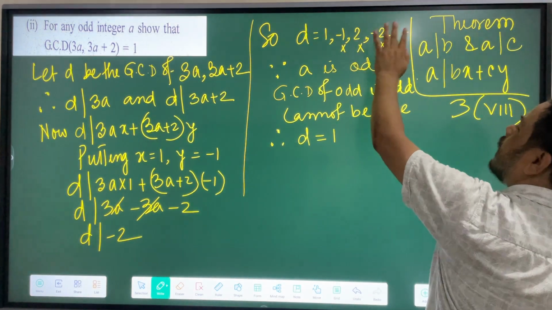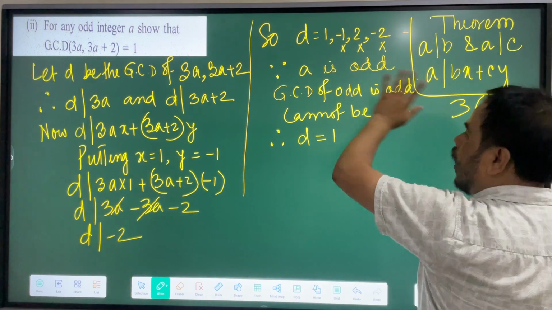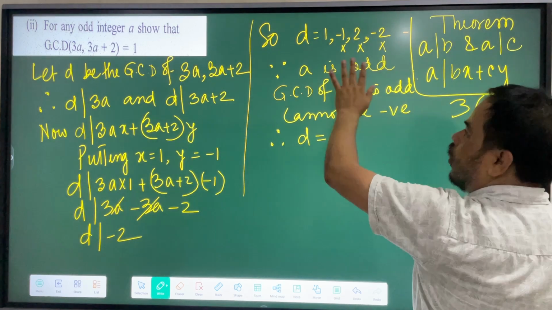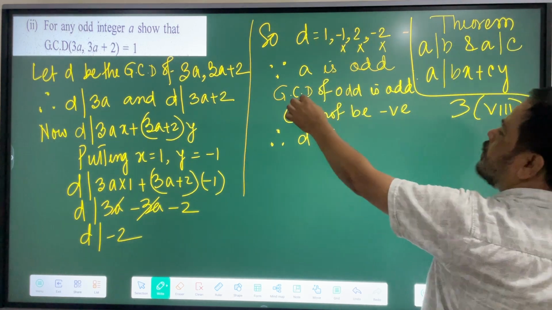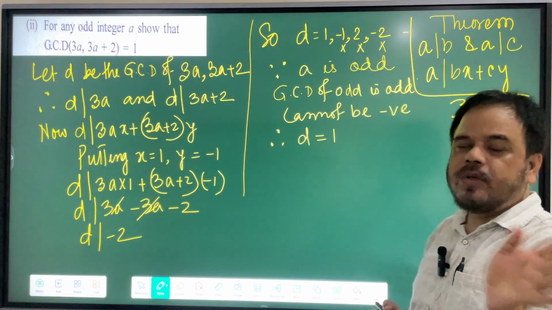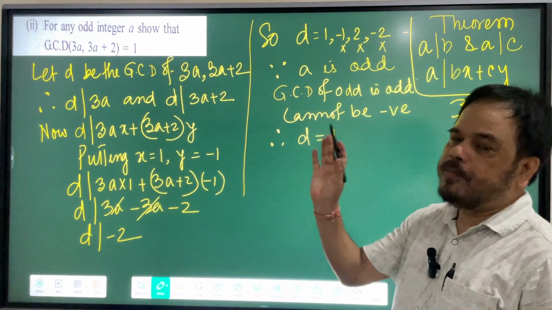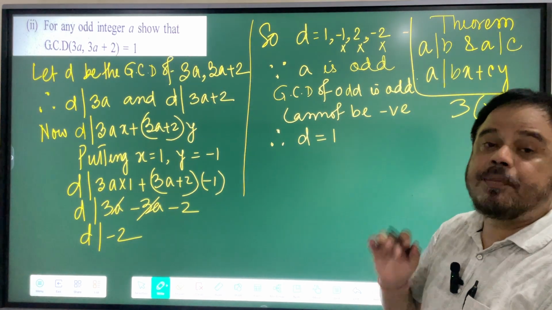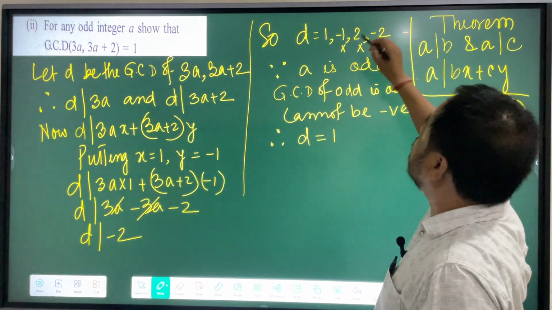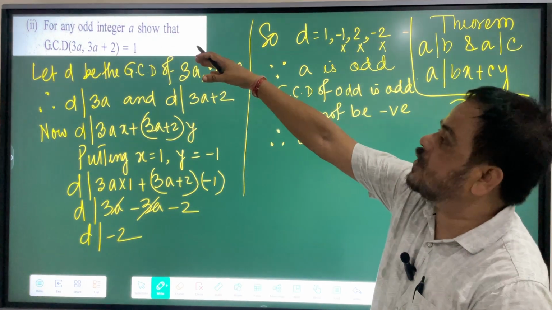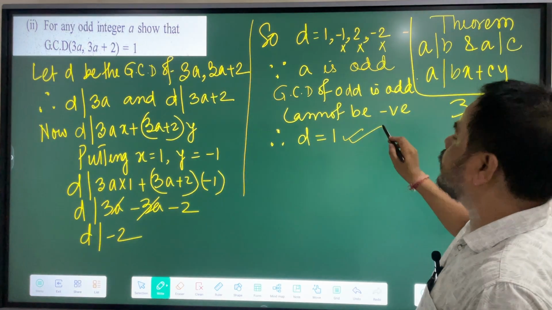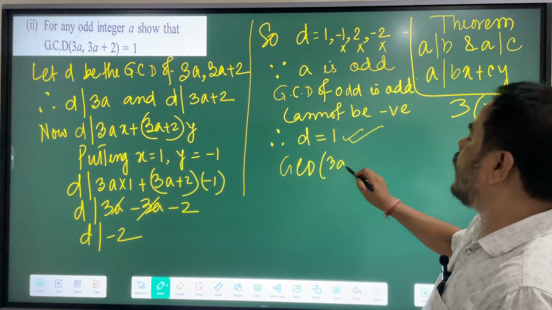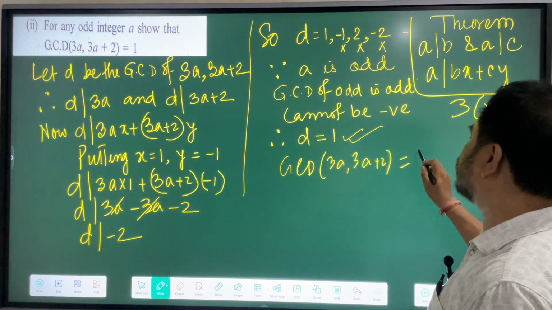But 2 and minus 2 we are not going to take because they are not odd. And minus 1 also, because the GCD cannot be negative. In the previous video we already explained that minus is totally avoided. 2 and minus 2 are both even, but there is an odd. So D equals 1. So the GCD of 3a and 3a plus 2 equals 1.